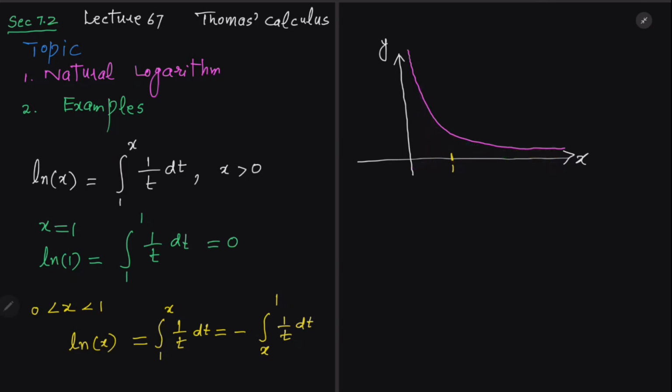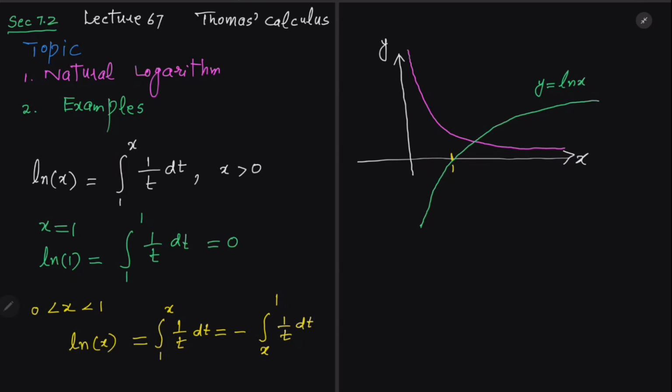Okay, let me just draw that function for you, natural log of x. Natural log of x will be graphed like this. y is equal to natural log of x. So this is the graph of natural log of x.